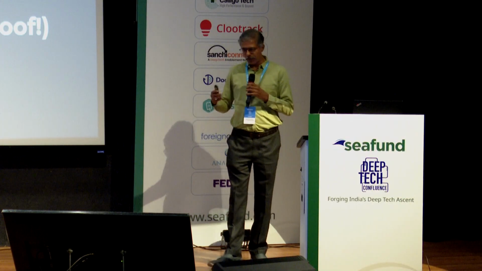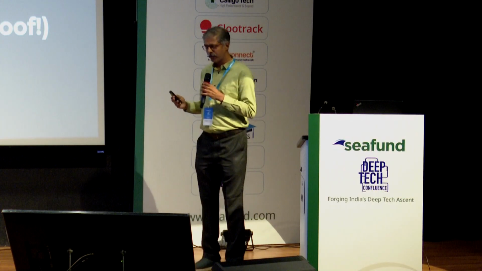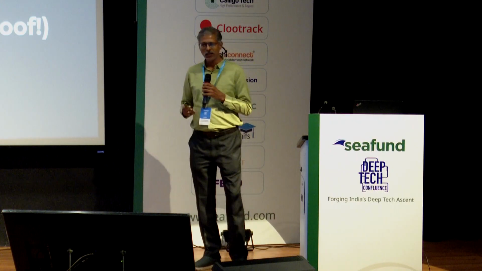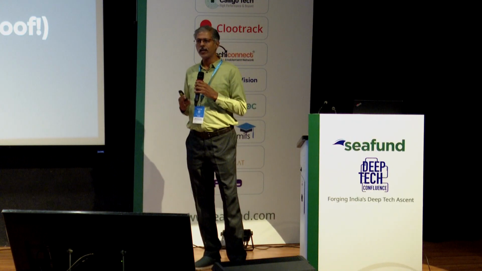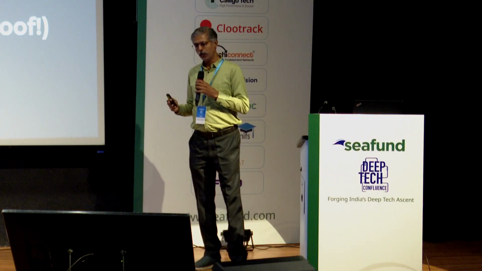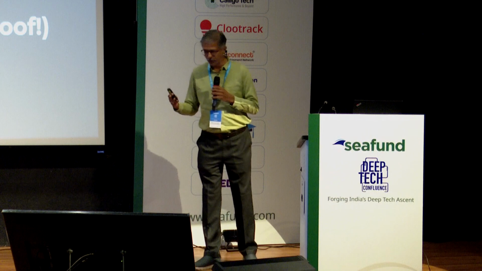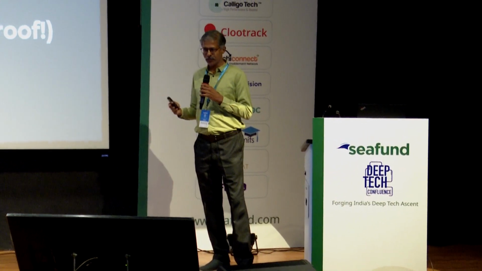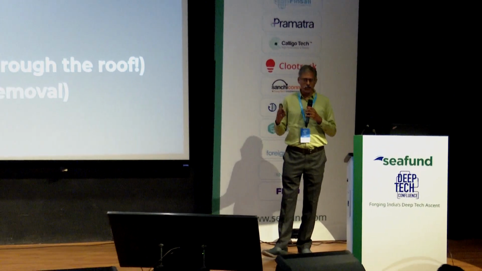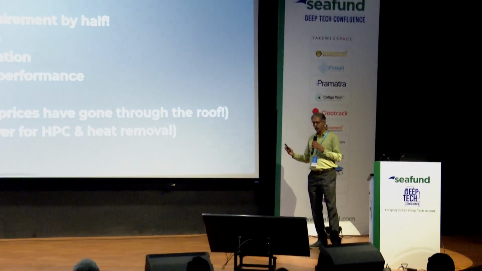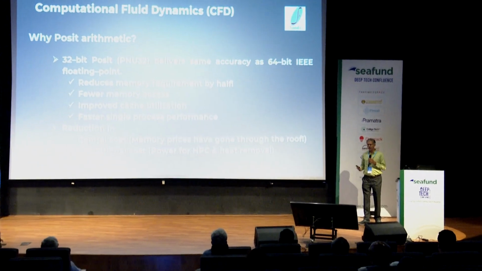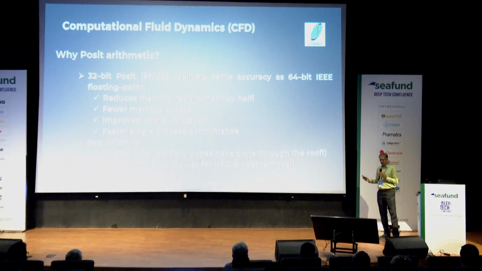So when we were introduced to the posit arithmetic by Calligo, it was kind of a revelation for us. The question is, if we can do the same calculations using 32-bit instead of 64-bit, it would be really advantageous to us, first of all, in terms of reduction in the memory requirement. If we can do what we otherwise do on 64 bits in 32 bits, it would reduce the memory requirement by half.